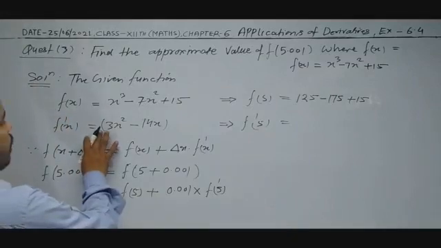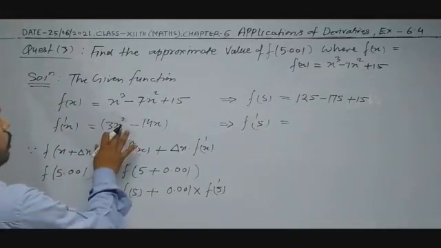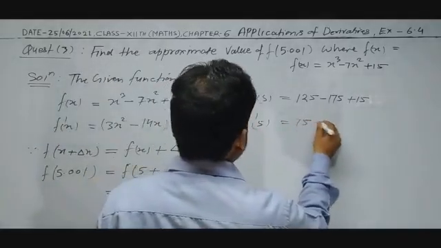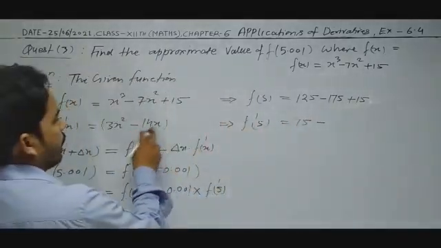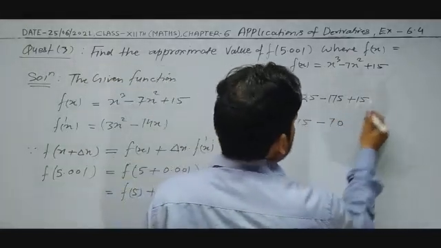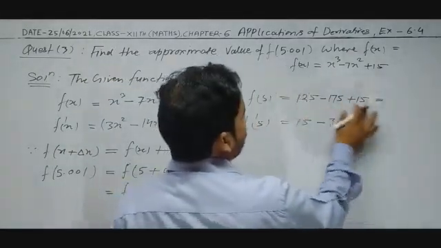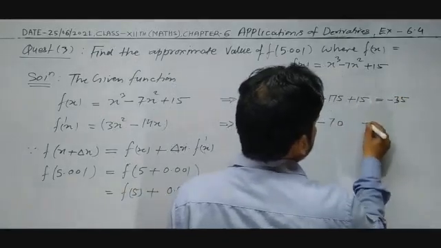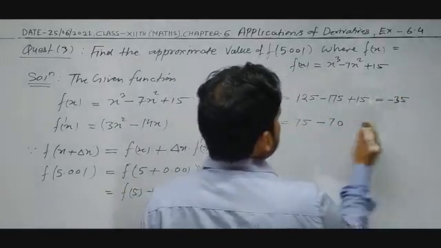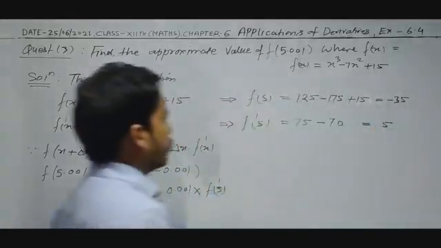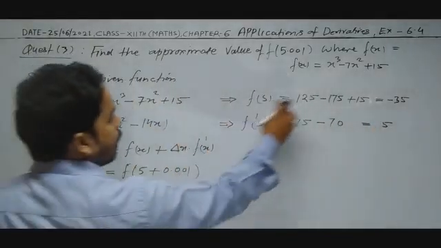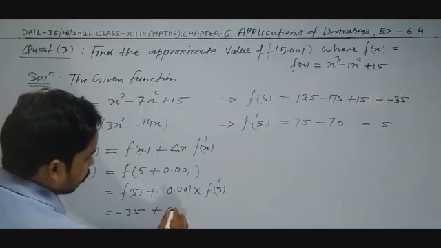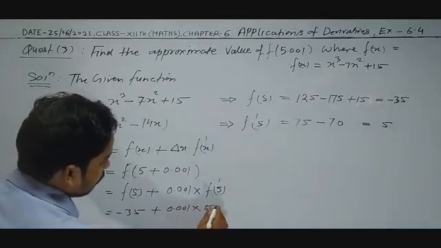And now in place of x you have to put 5. So 5 fives are 25, 3 times is 75. This is 75 minus 14 into 5, which is 70. So the result is 140 minus 175, that is minus 35, and f dash of 5 is 5. So f of 5 result is minus 35, and plus 0.001 multiplied by 5.